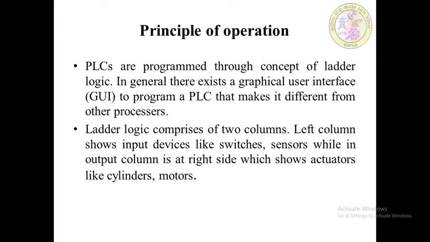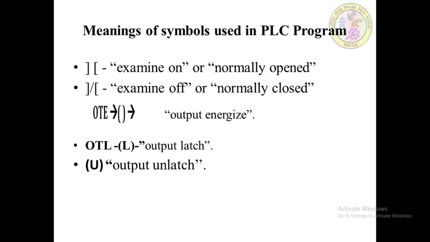This principle of operation is very important, as the logic controllers are to be understood. So, some short symbols which are used in a programmable logic controller. The bracket symbol represents examine on, normally open.